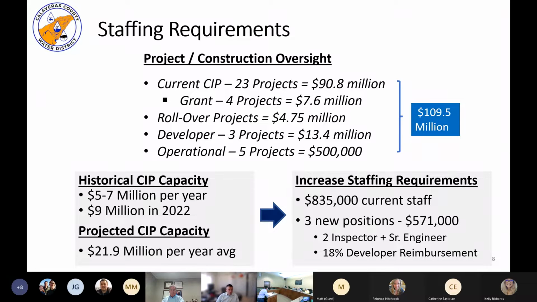So the reimbursable portion of this is what we came up with, the 18% of those new positions. Initially, we were thinking we could probably fund a whole FTE just to manage these projects. Plus, we know there's some subdivision development in Valley Springs, some subdivision development in Copper that also is reimbursable inspector time. So that's a conservative projection, I think.